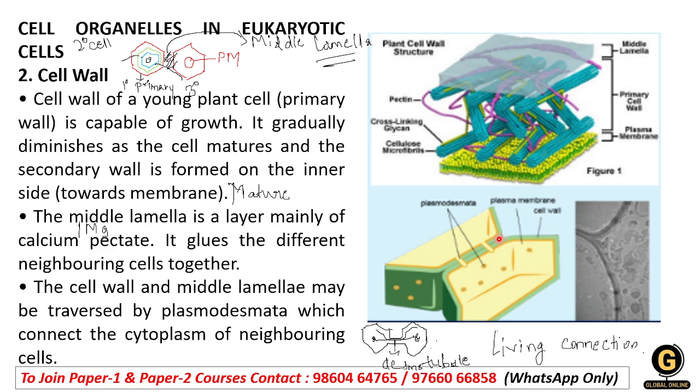This middle lamella is made up of a cementing layer composed of calcium or magnesium pectate, and it is permeable in nature. It helps, which connect the cytoplasm of the neighboring cells.